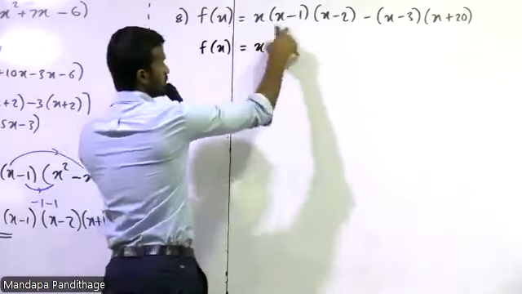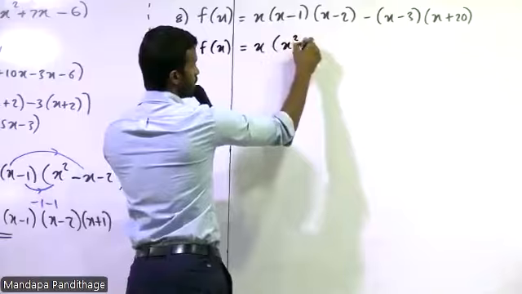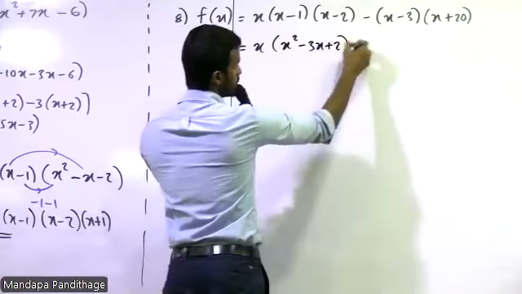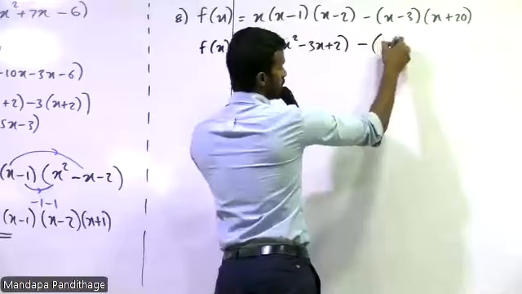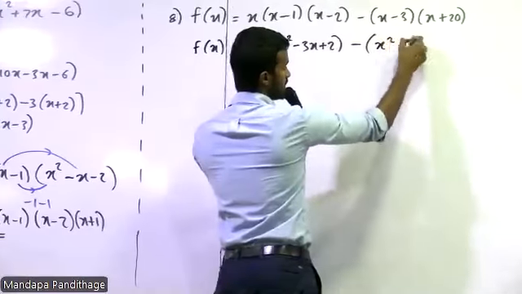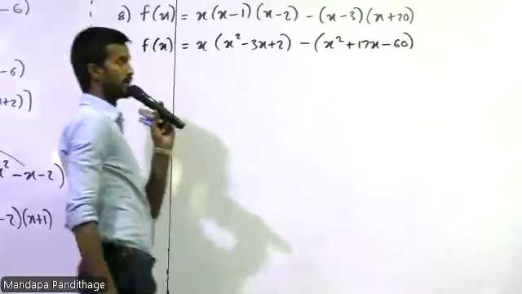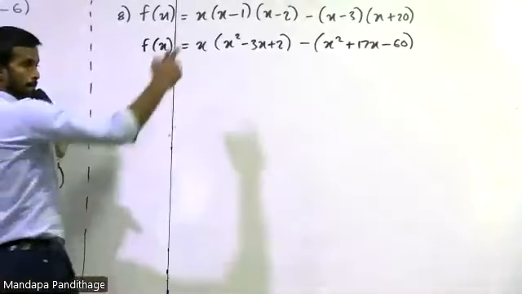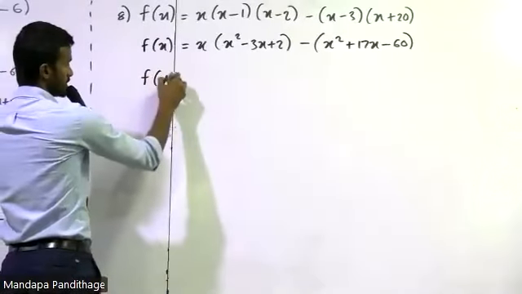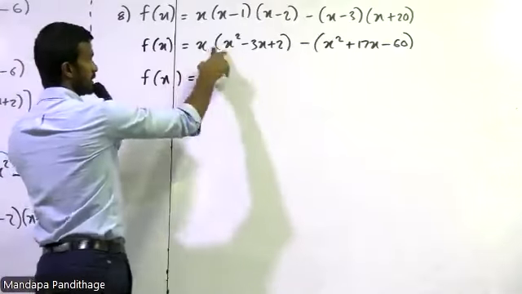So when you multiply these two, x squared minus 3x plus 2, x squared plus 20 minus 3 is plus 17 minus 60. First thing is you have to simplify this properly.